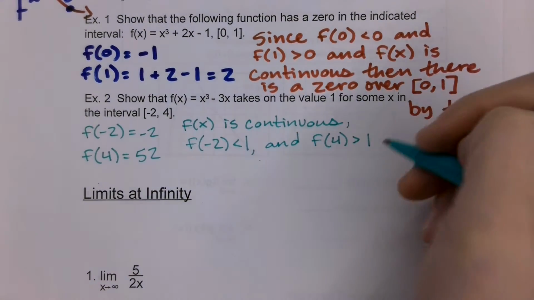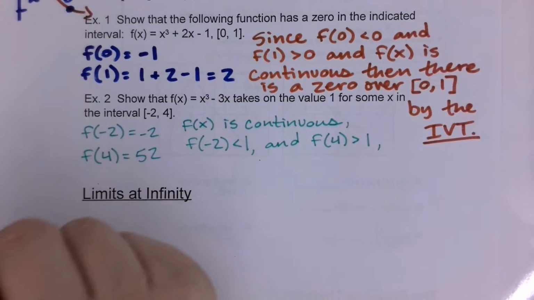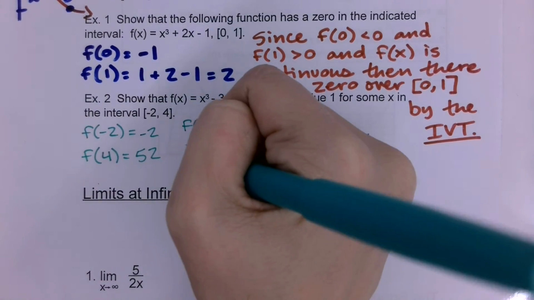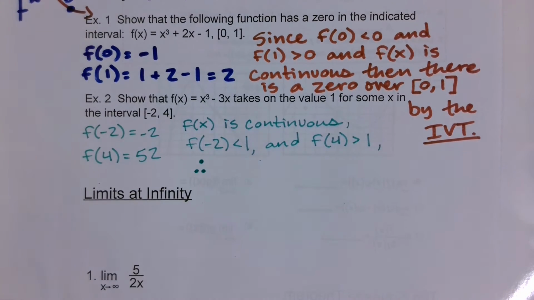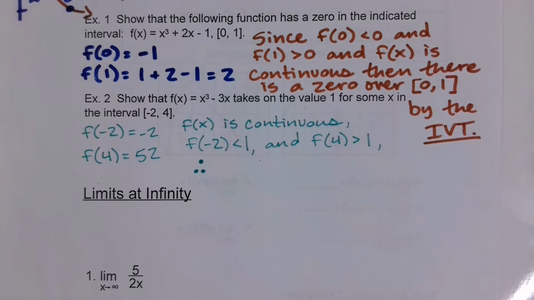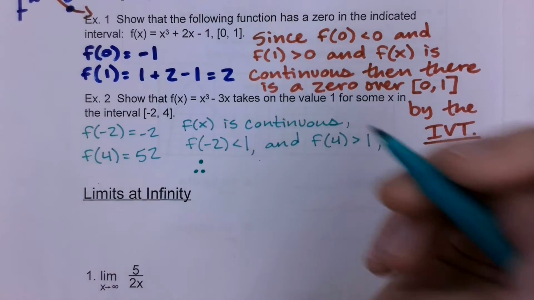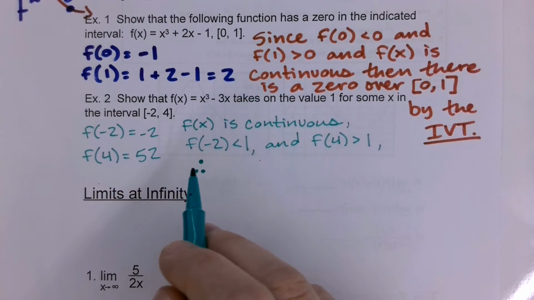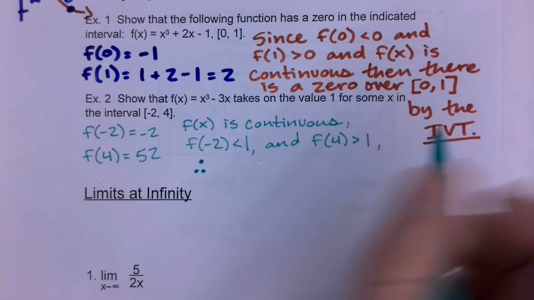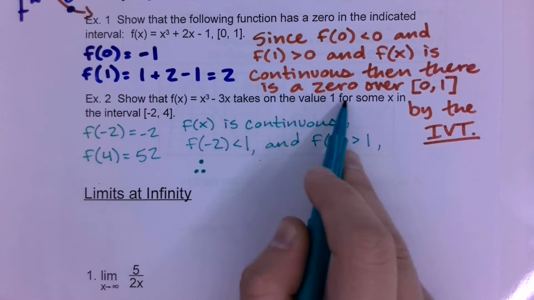So what are we trying to say? Remember our symbol for therefore. I'm going to throw that in there. You can use your therefore symbol if you want. Therefore, what do we know? Okay, so we know that for some x, and we could even use the words that they used here.